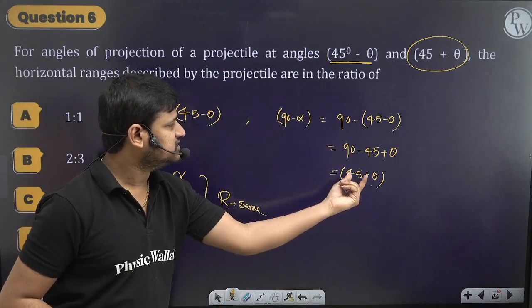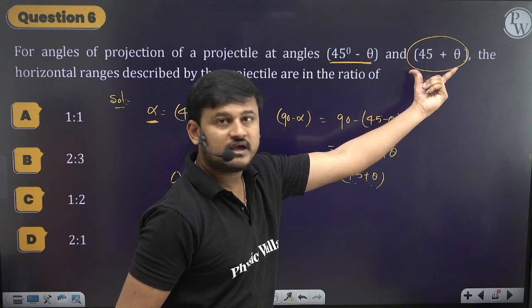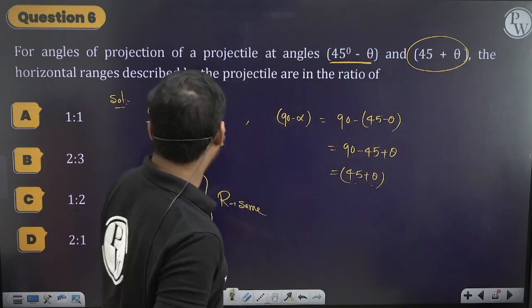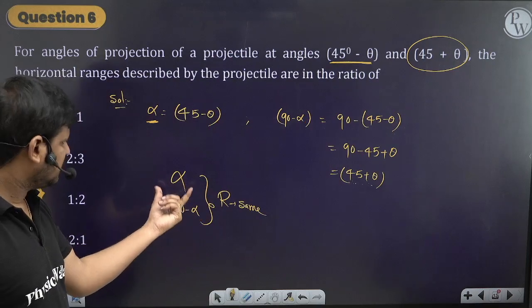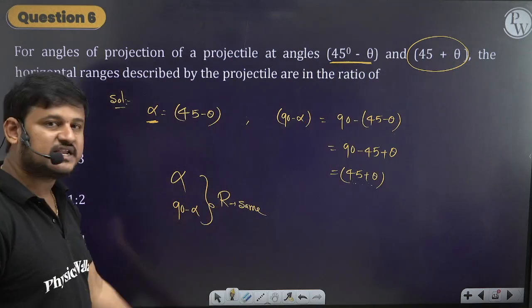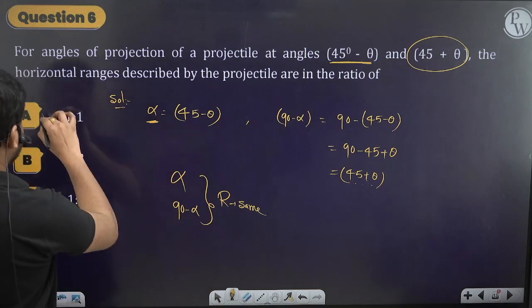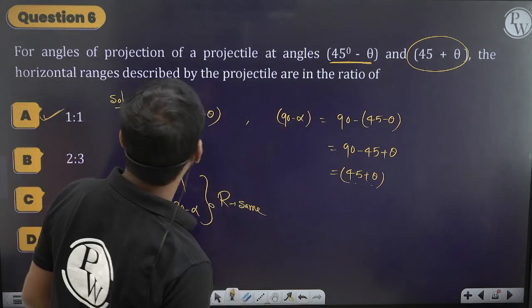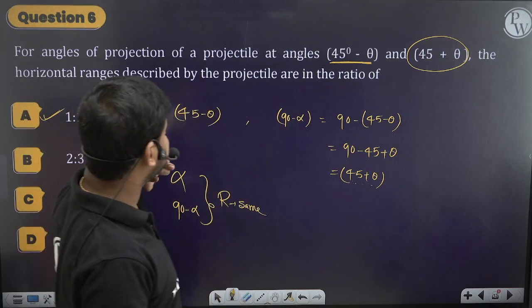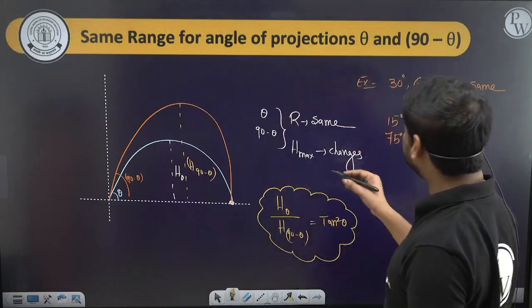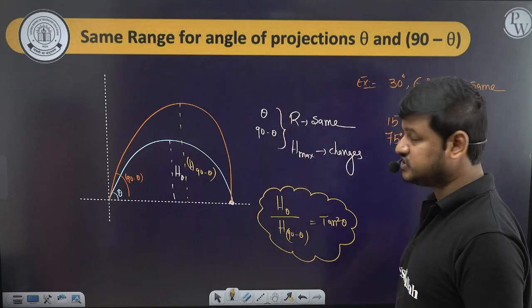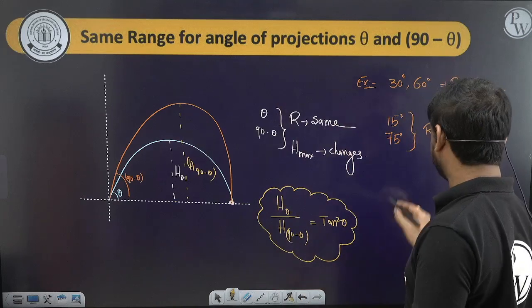I got 45 plus theta, which is 90 minus alpha. They are complementary angles, so the range will be the same. That's why the ratio is 1:1. The horizontal ranges described by the projectile are in the ratio 1:1.